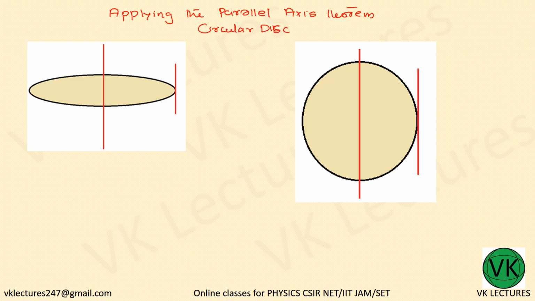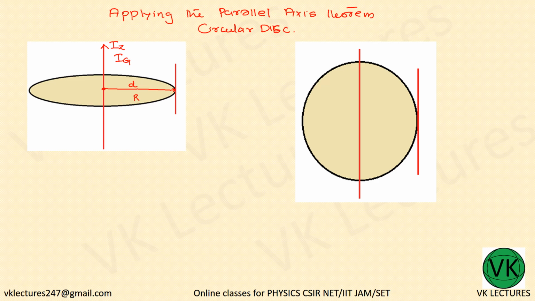Okay, so we know this is Iz. Now Iz, since it is along the center of gravity, is considered to be IG, and at a perpendicular distance on the parallel axis, this is the distance d, which is also the radius R.